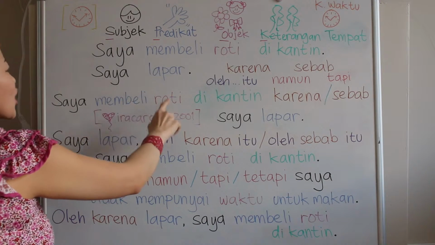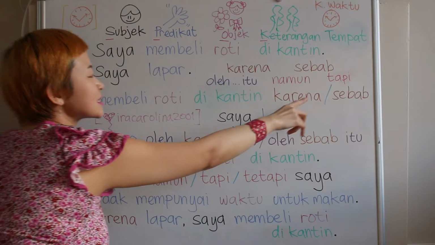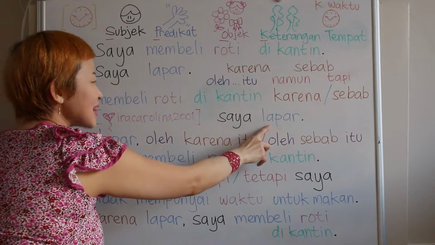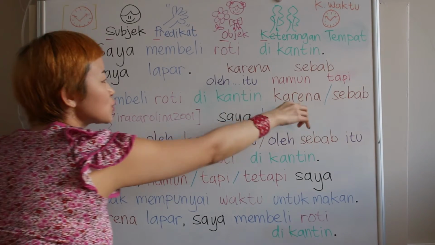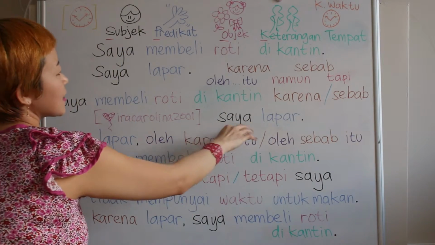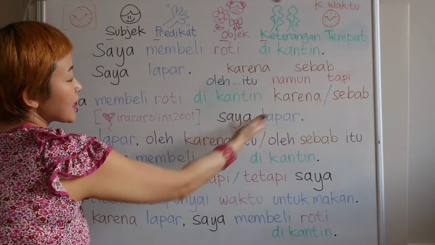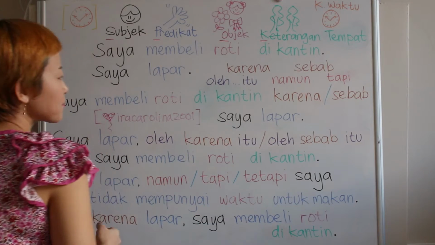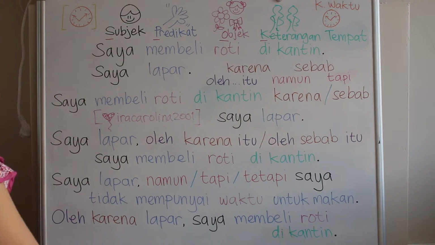Saya membeli roti di kantin karena or sebab saya lapar. I buy bread at canteen because I hungry. I don't say I'm hungry because in Indonesian it's I hungry. Saya lapar. But of course we translate it as I'm hungry.